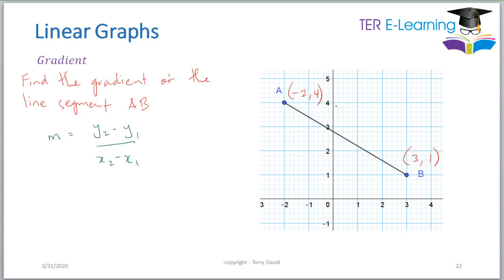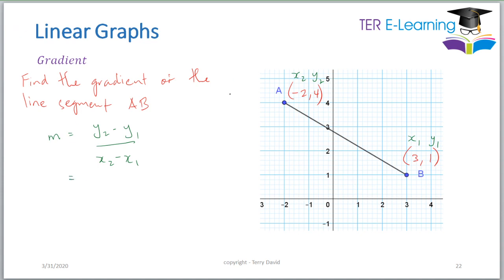Next, we need to label what x1, y1 and x2, y2 are. You can choose whichever one you want, you just need to be consistent. So I'm going to use B as x1, y1, and A as x2, y2. It does not matter which one you choose, your answer will be the same.